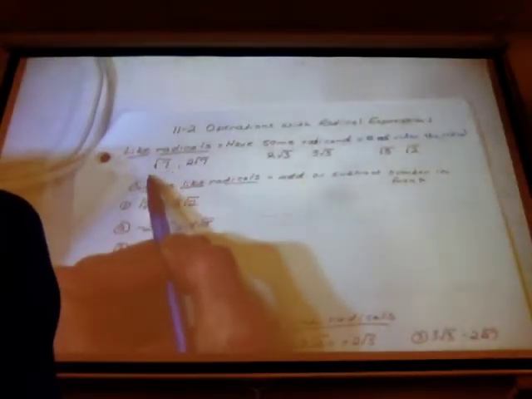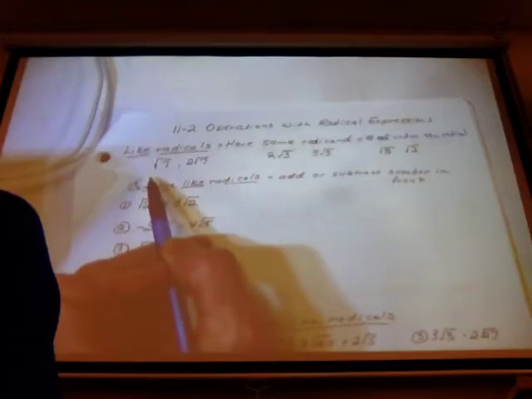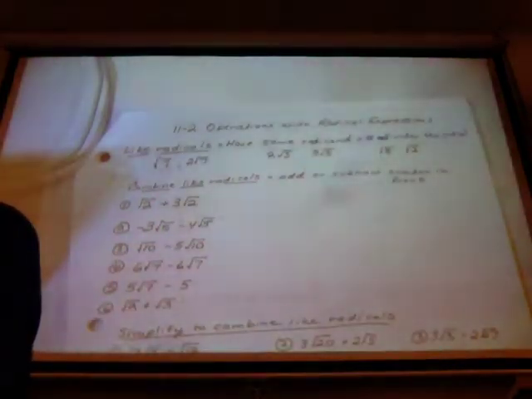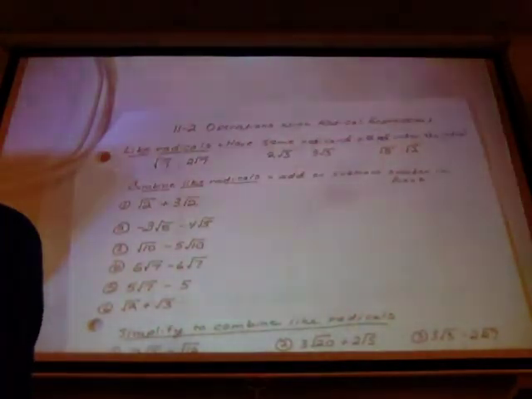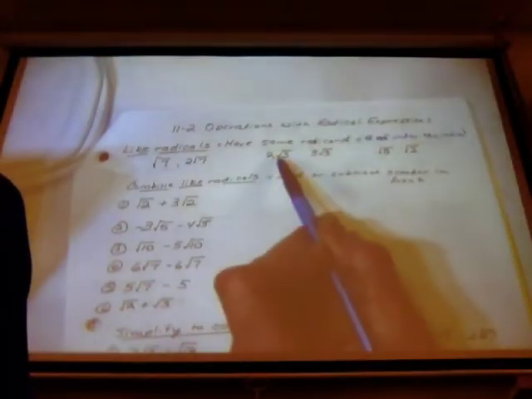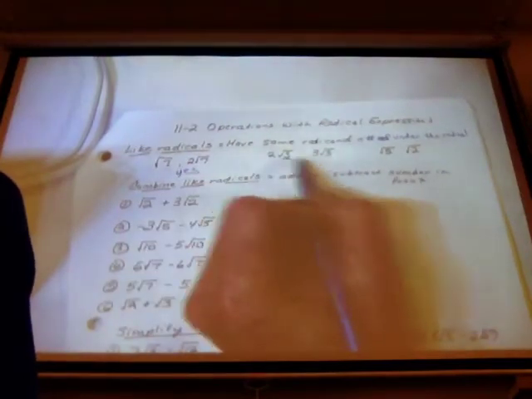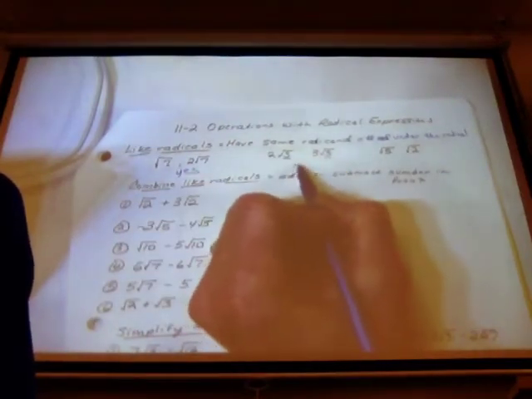So, Annika, would you say these are like radicals here? It's radical 7 and 2 radical 7. Yes, they are. Same with 2 radical 3 and 3 radical 3 because they have the same radicand. How about radical 5 and radical 2?